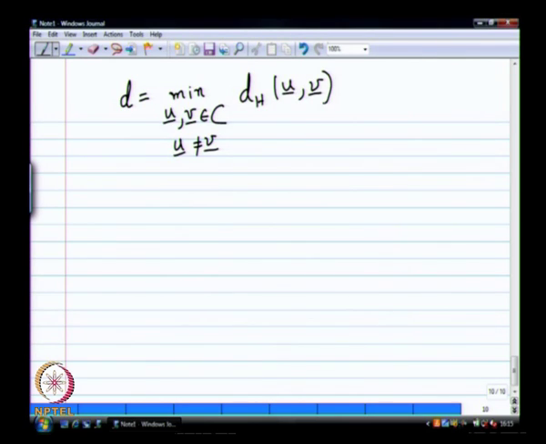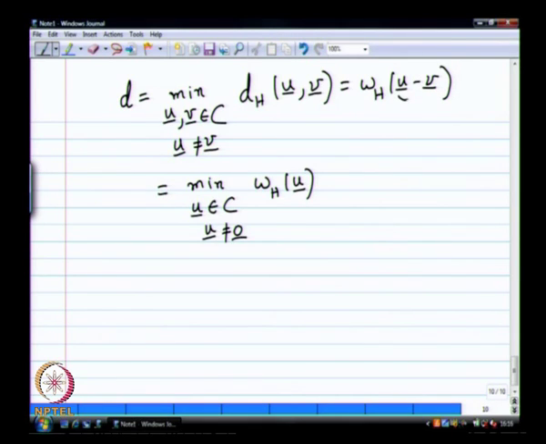But since we know C is a linear code, this becomes equivalent to the minimum over u in C, u not equal to 0, of the Hamming weight of u. This becomes the same just by the same proof. It is the same as the Hamming weight of u minus v, and this u minus v also belongs to C, since it is a linear subspace. So, all these things will belong to the same C, and based on that you can write this very easy formula for D.